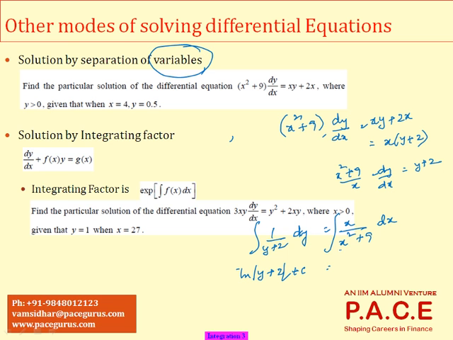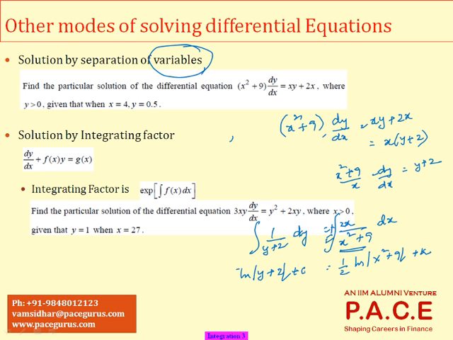If you see here, the f of x is in the denominator, and probably if I do a 1 by 2 and I put a 2x here, the derivative of it is there in the numerator. So I can very well write it as half log (x squared plus 9) plus some k.